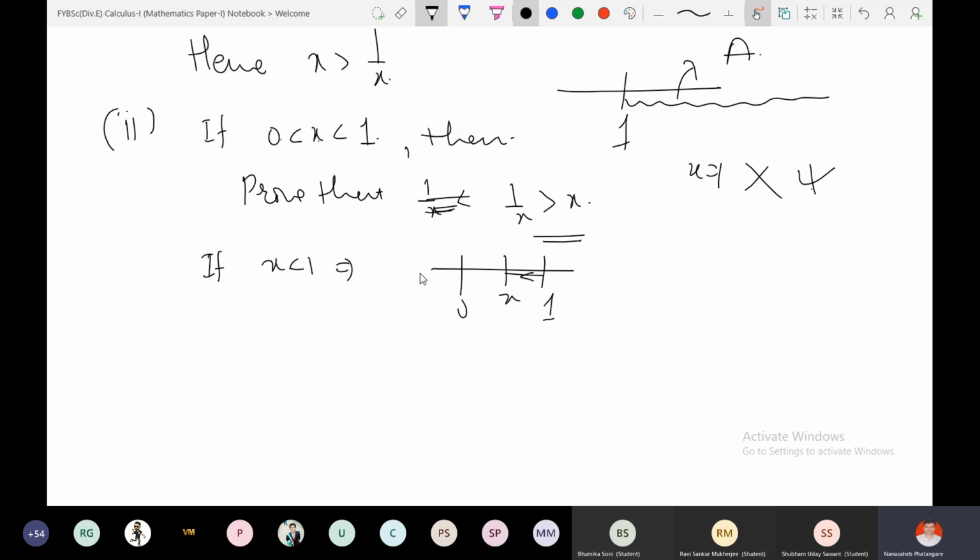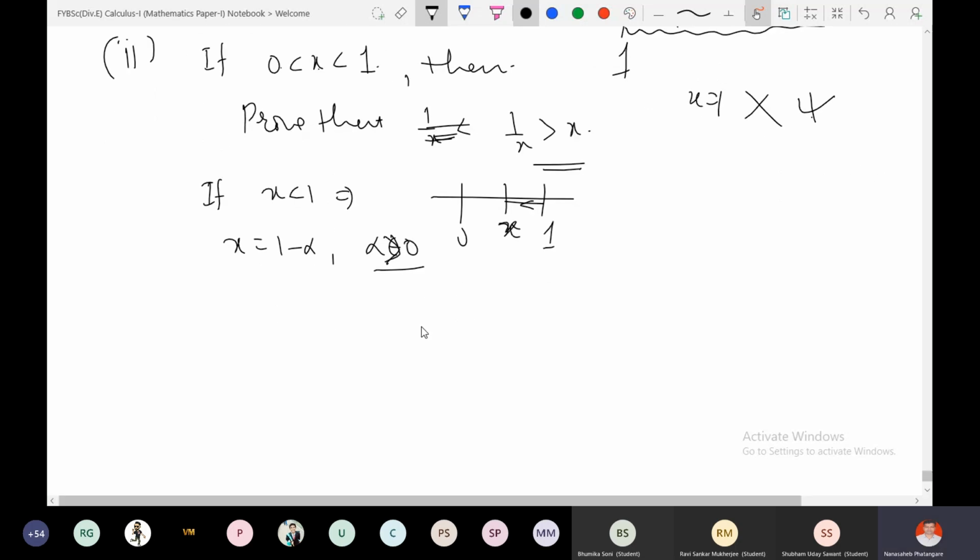So x is 1 minus alpha, for some positive alpha. So if we subtract some positive amount from 1, then we get x, because we are saying that x is less than 1. Right, so we have to subtract some positive amount.